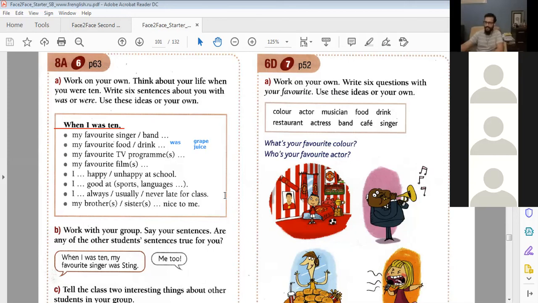When I was 10, my favorite TV program was Tom and Jerry. We must say TV program, my favorite TV program. Usually it is a specific program. Your answer, Tom and Jerry, was excellent. My favorite TV program was Tom and Jerry.